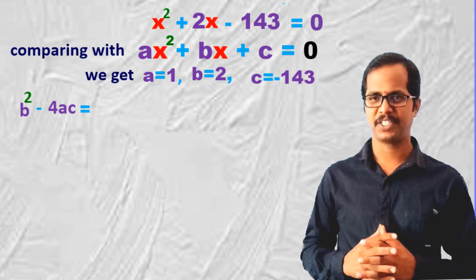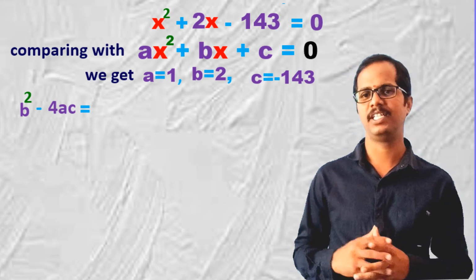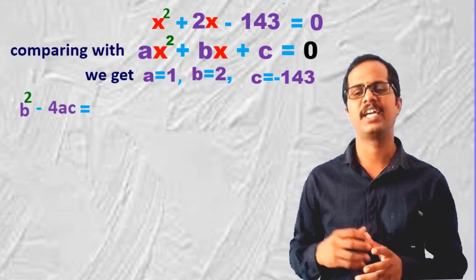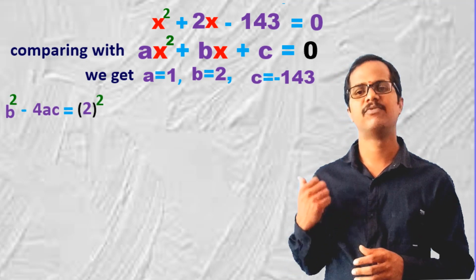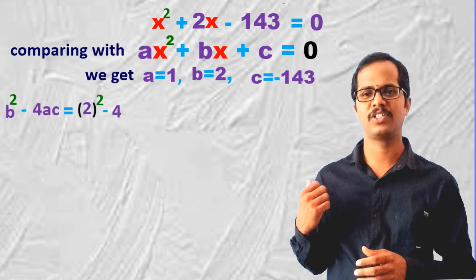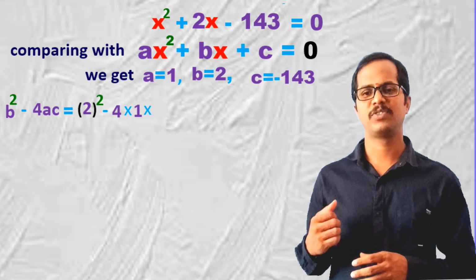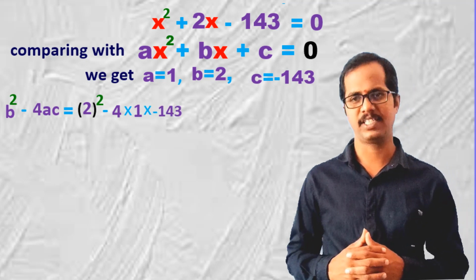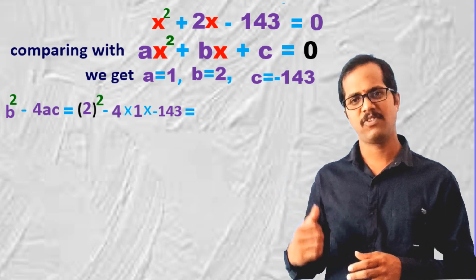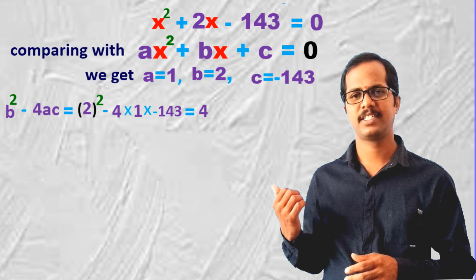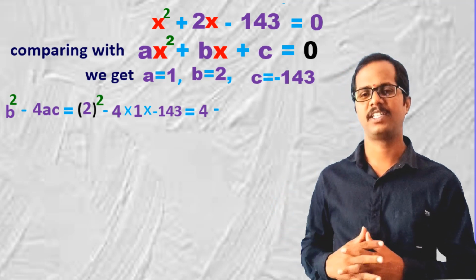By substituting the respective values of a, b, c, here b is 2, 2 square minus 4 into a is 1, 4 into 1 into c is minus 143, which equals 2 square that is 4, and minus 4 into 1 into minus 143.